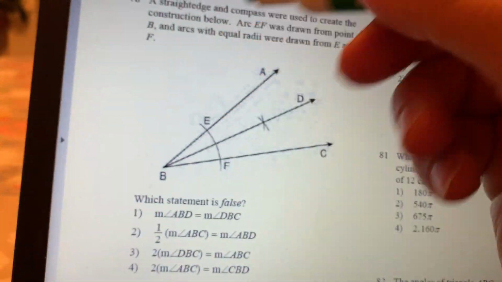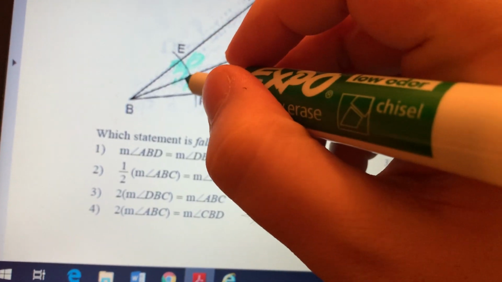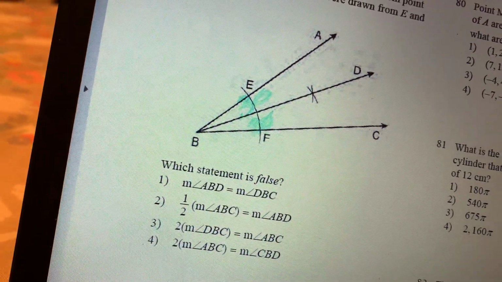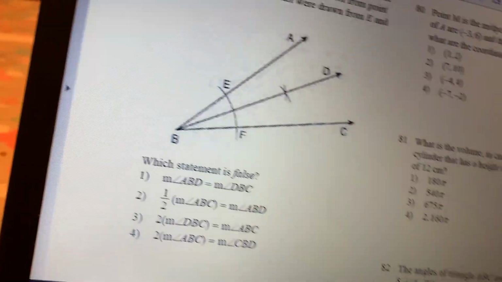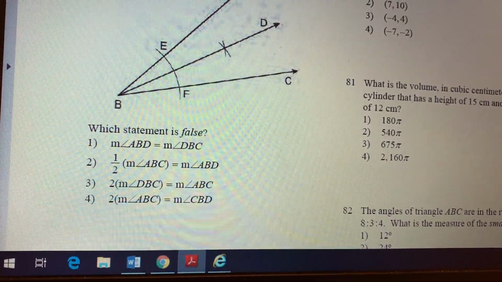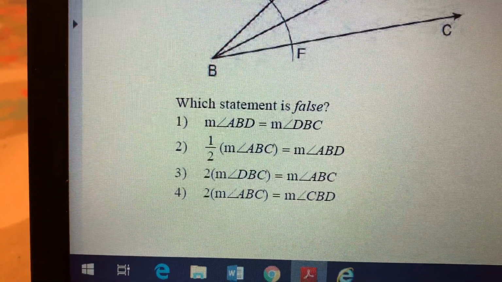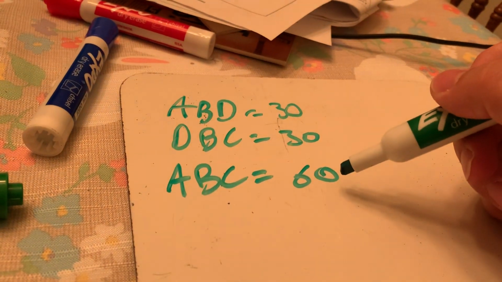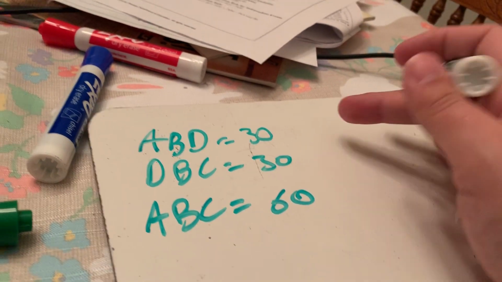If I add these 2 smaller angles, that's 30 and that's 30, they have to add up to 60, right? So I know ABC equals 60. It says half of ABC is equal to ABD. ABC is 60, what's half of that? 30. Is ABD 30? It is.